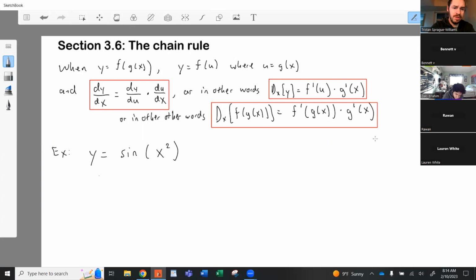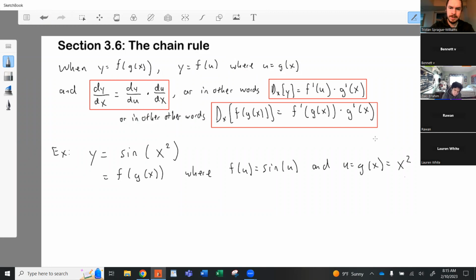We could say this is f of g of x, where f of u is what you get when you take the inner function and you replace it by a u, right? So that would be sine of u. f of u equals sine of u. And u equals g of x, which is x squared.